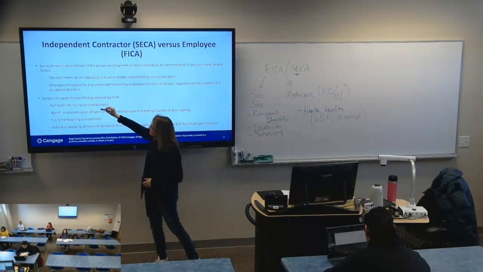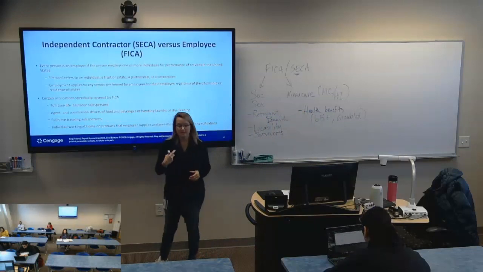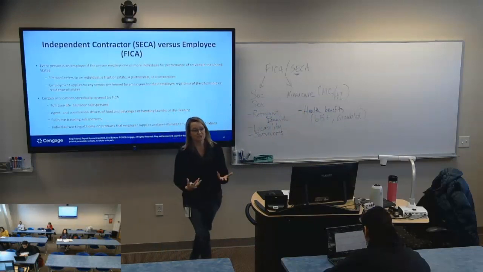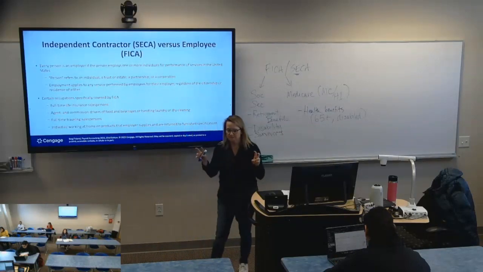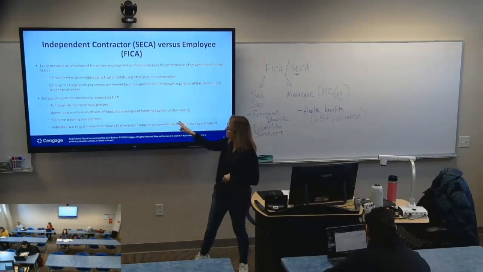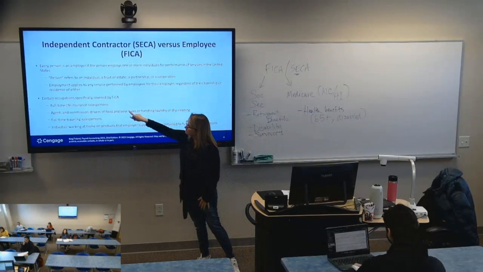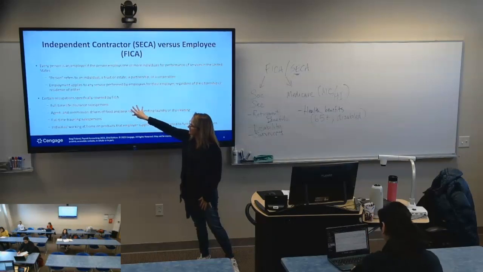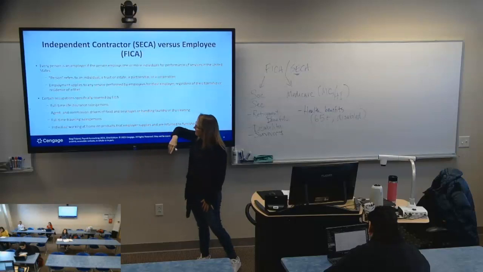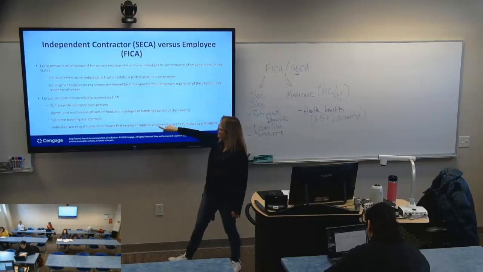Now, there are some occupations that even if the work doesn't meet the definition of employment, they're still automatically covered. They're still automatically subject to FICA. Life insurance salespeople, and these are very specific.